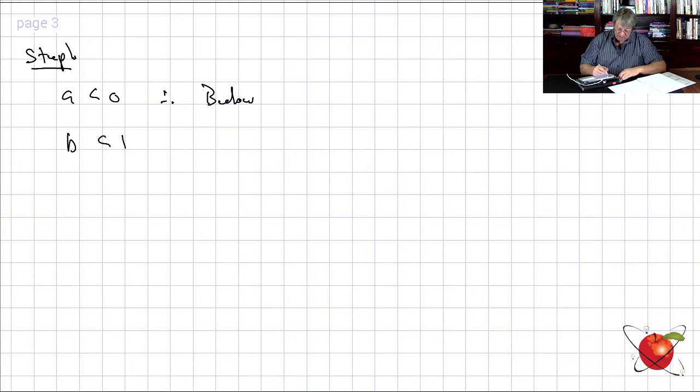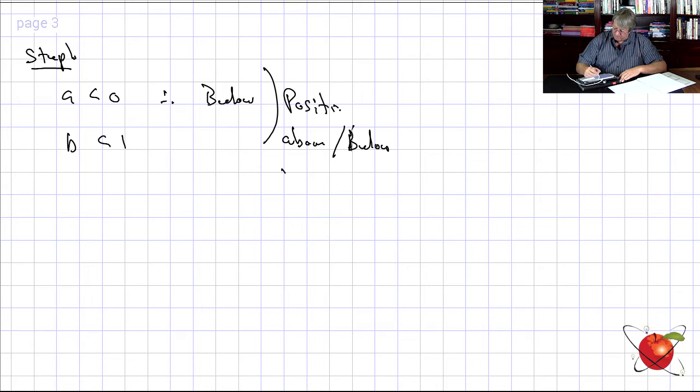And then we say, right, so now we know position. This gives us position, which was above or below the asymptote.